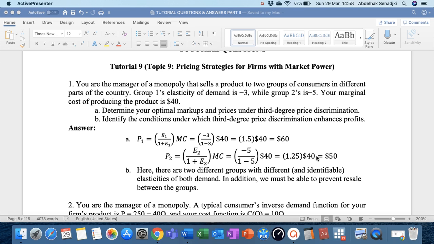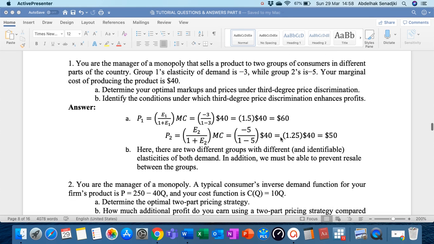Maybe they buy at $50 and charge 55 or 58. If this happens, we cannot maximize the profit. So therefore, the group who are charged $50 should not resell the quantities.